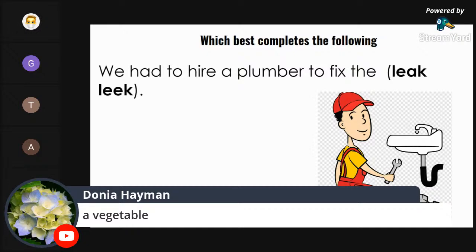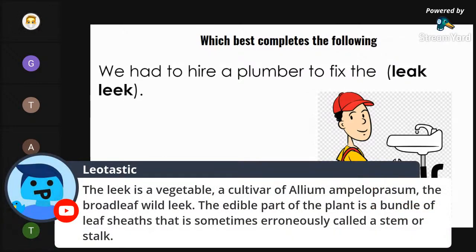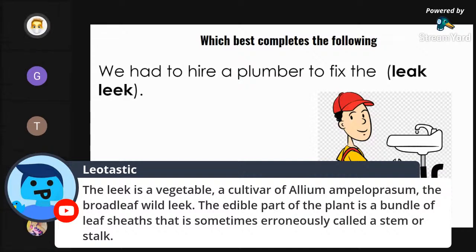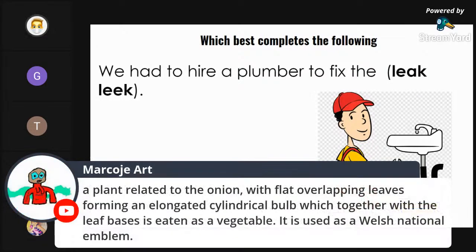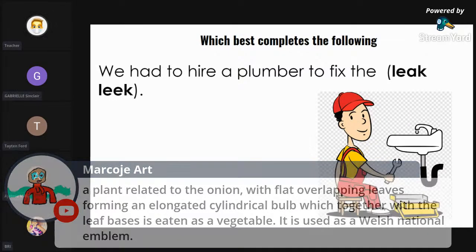Very good. Leotastic has a wonderful definition here. So it's something that would look like what we call scallion, but it's just much larger than that. Much, much larger than that.